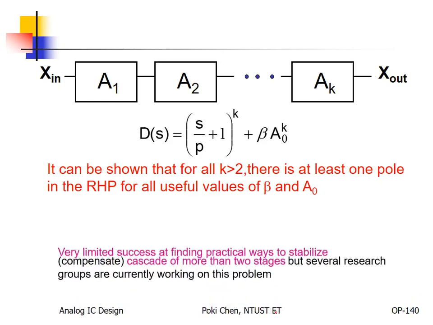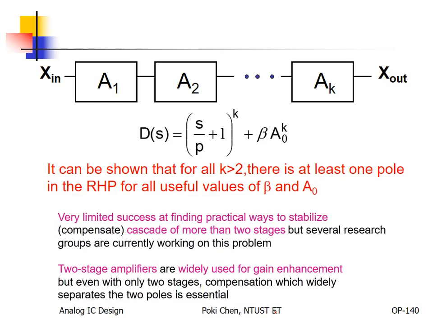Yeah, anyway, that is what I would like to tell you. So, there has been very limited success from the past till now in stabilizing more than 2 stages in a negative feedback loop. Okay? And this is the reason why till now, for high gain amplifiers, humankind only focuses on the 2-stage amplifier.